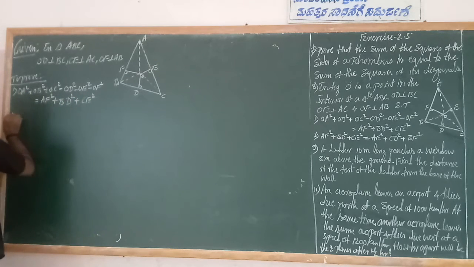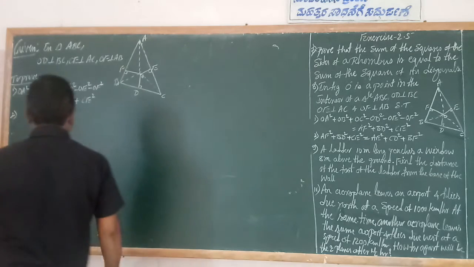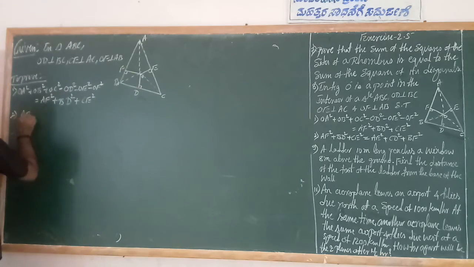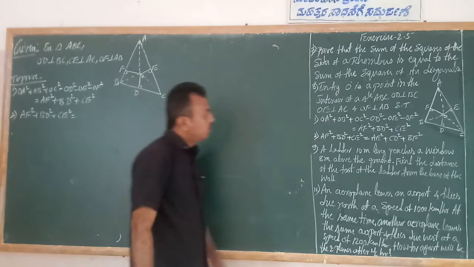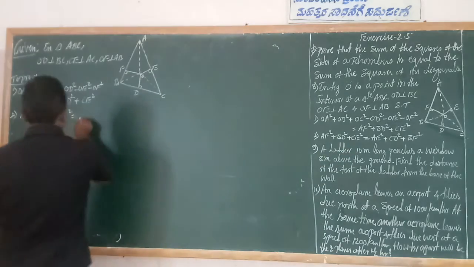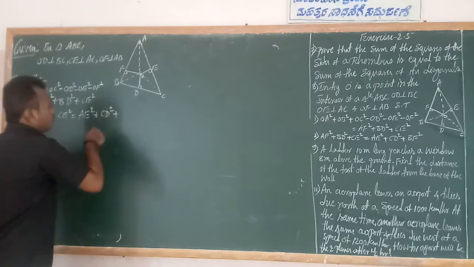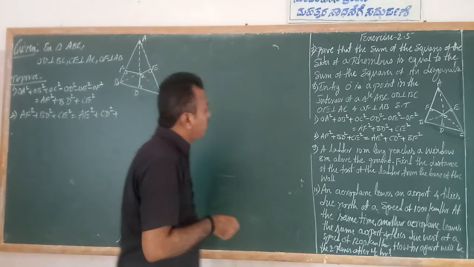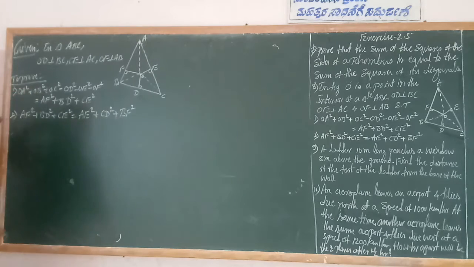The second one: AF square plus BD square plus CE square is equal to AE square plus CD square plus BF square. So these 2 points we want to prove. Next, a small construction is there.